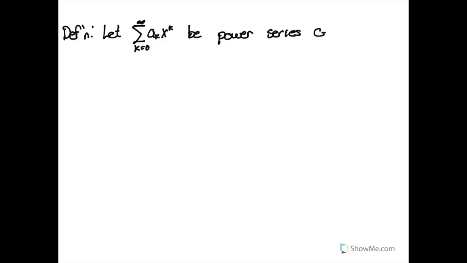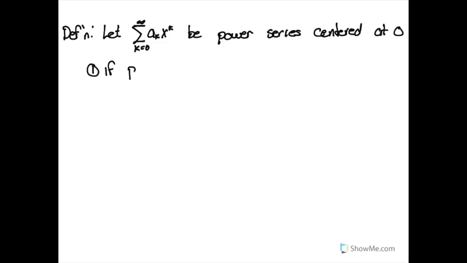So definition, suppose we have a power series centered at 0. Right. So three things can happen.